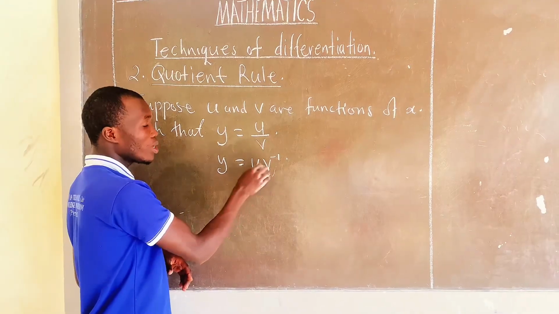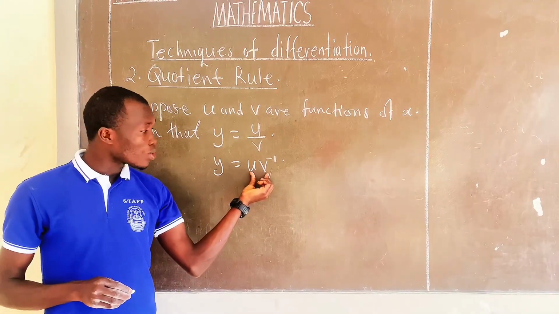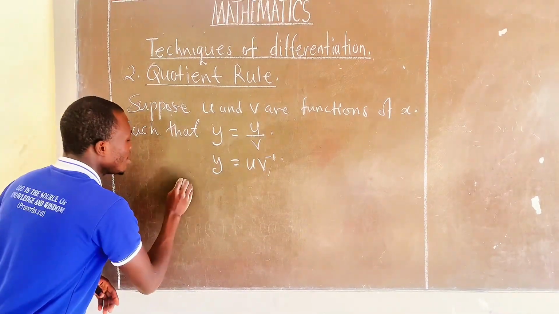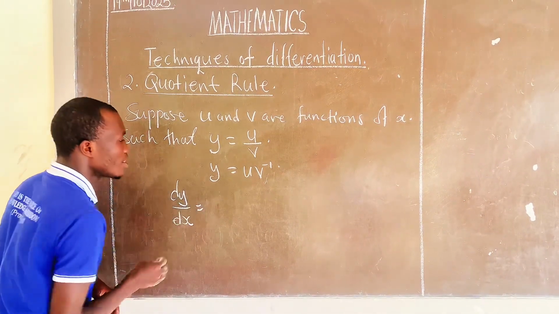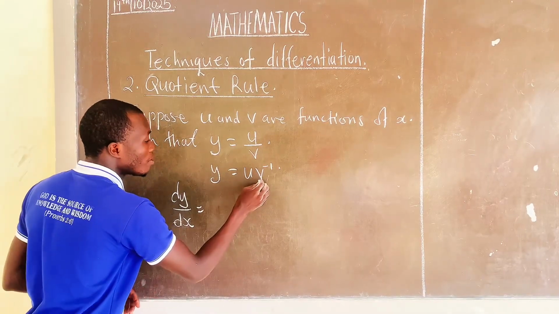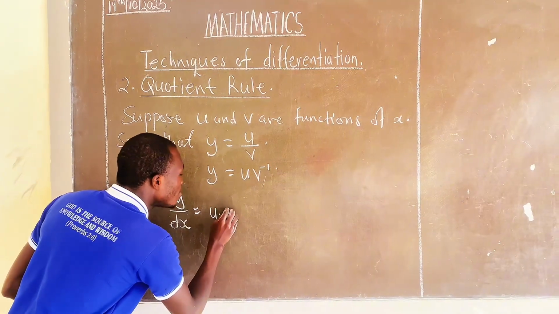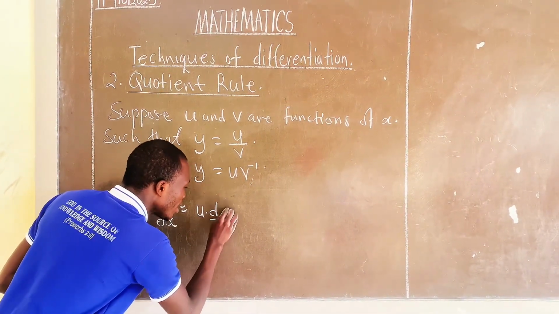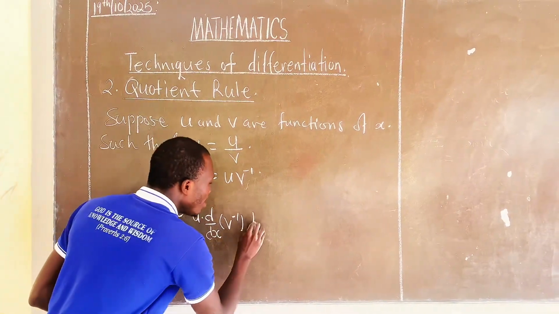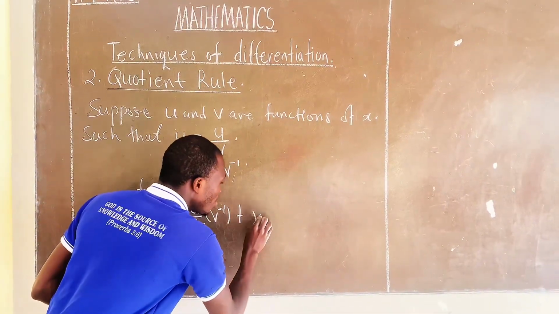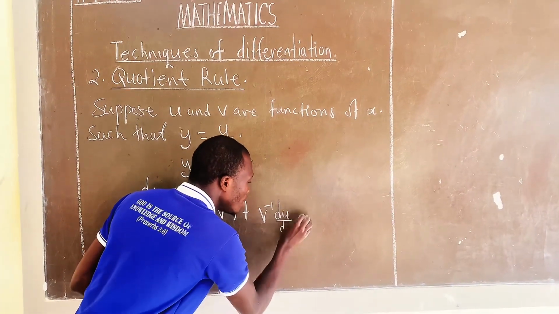Then it will lead us to our product rule. So we shall apply product rule to differentiate this. It means our dy dx is given by, first of all, we shall have u times d dx of the derivative of v power negative 1, then plus v to power negative 1 times du dx.